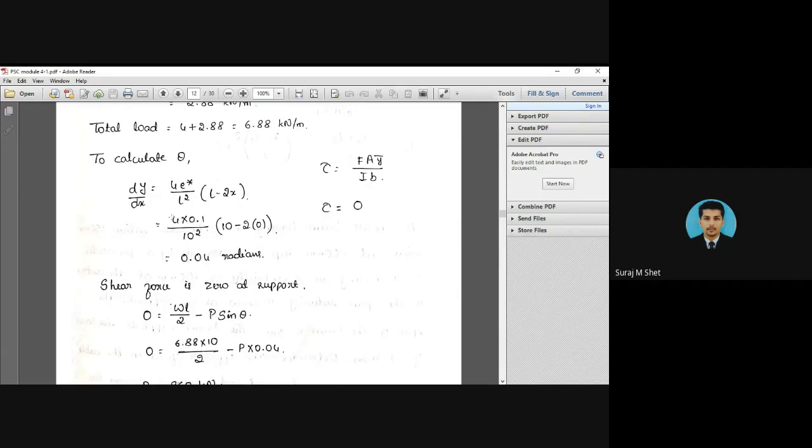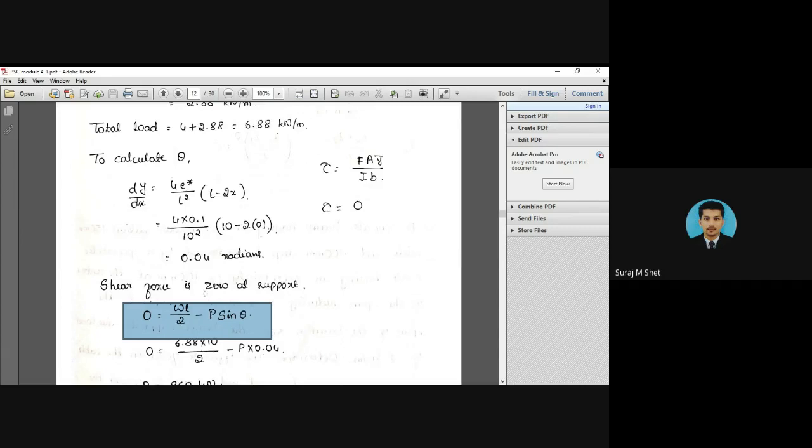Why am I calculating shear force at the support? The force acting in the cable gives P into sin theta, and because this is a UDL, the reaction of the UDL will be load into length divided by 2. So the shear force is WL by 2 minus P into sin theta, where P sin theta is the force acting on the cable because the cable is parabolic.